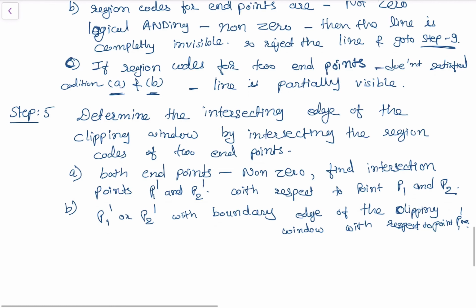Now step number 6: divide the line segment considering the intersection points.